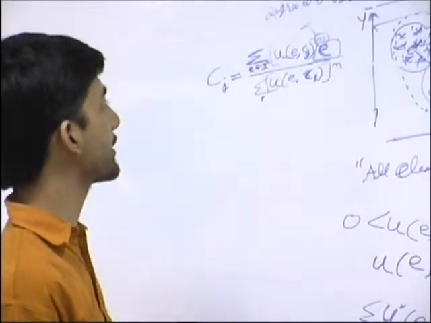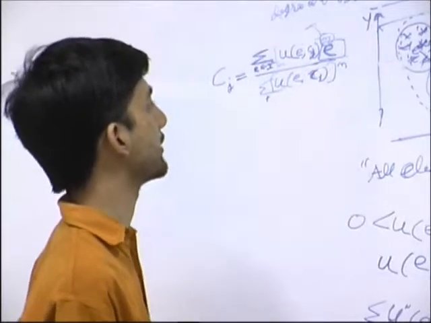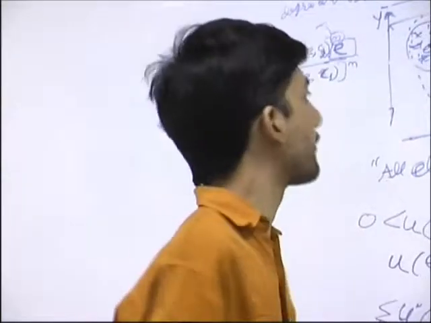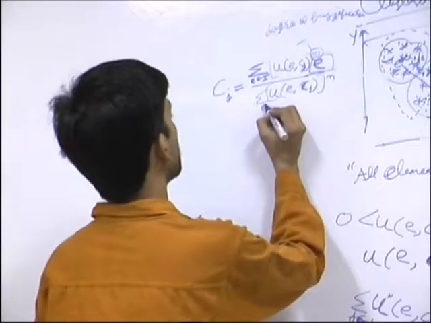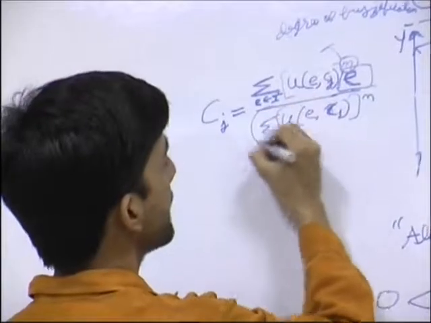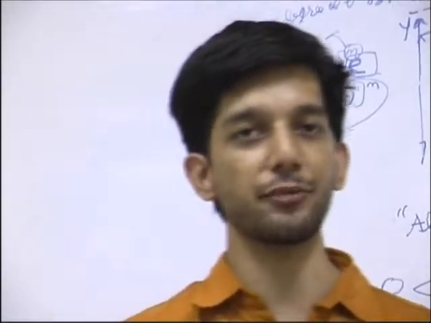I just introduced one thing, that I have weighted them by their membership degrees over here. And of course, when I weight over membership degrees, because I am taking the mean, I need to divide the factor by the summation of all weights.